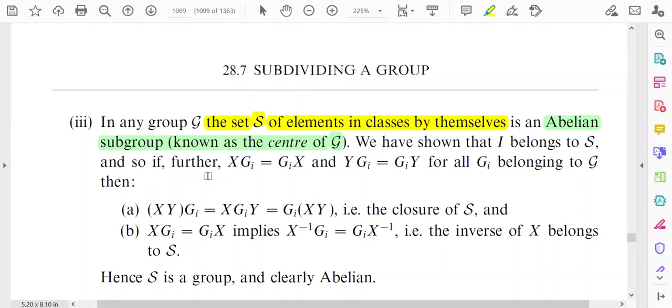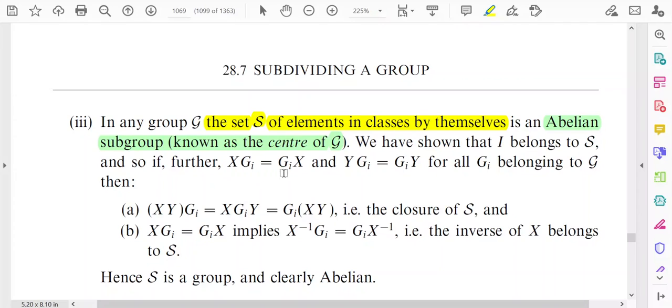Further, suppose x and y are another two elements which are classes by themselves. As per the definition of the classes, x into gi is equal to gi into x, and y into gi is equal to gi into y, because the elements which are classes by themselves commute with the elements of the group.